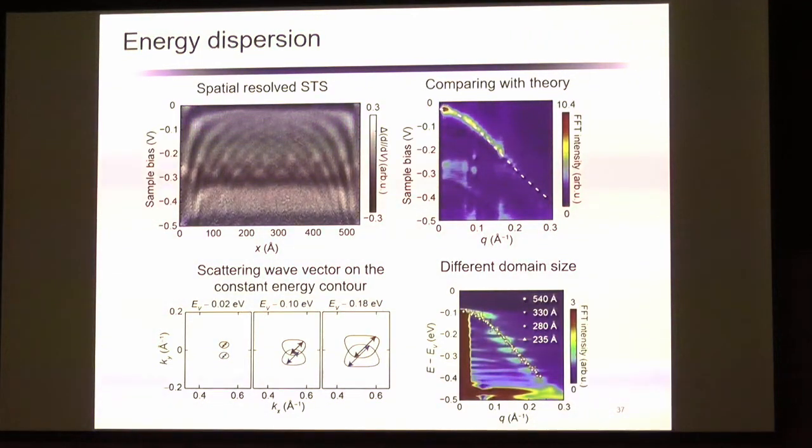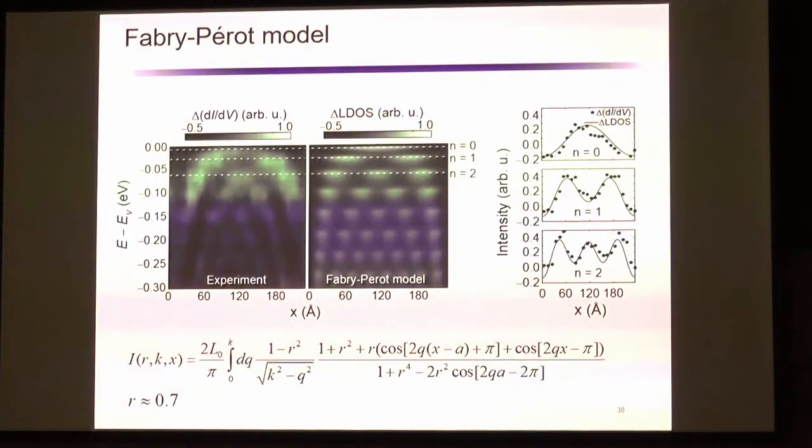We also studied the energy dispersions. It's quite well matched with our theoretical calculations. I don't have too much time to go through it, so I will go very quickly. This is just a Fabry-Perot modeling. We can find that the reflection rate is very high, 0.7.